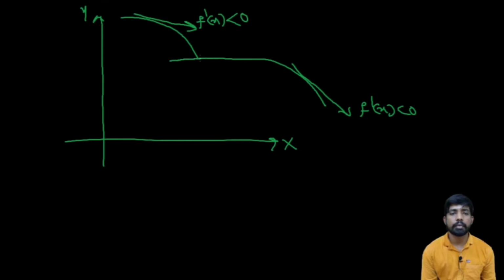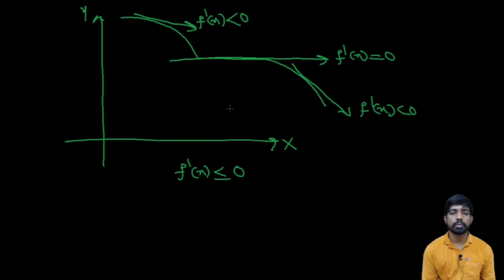And if I draw a tangent here, the slope is equal to 0. Therefore we can write all the conditions together: f dash of x is less than or equal to 0. So we call it a decreasing function. This is the decreasing function condition.